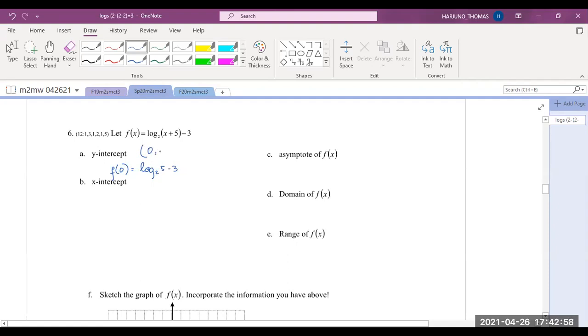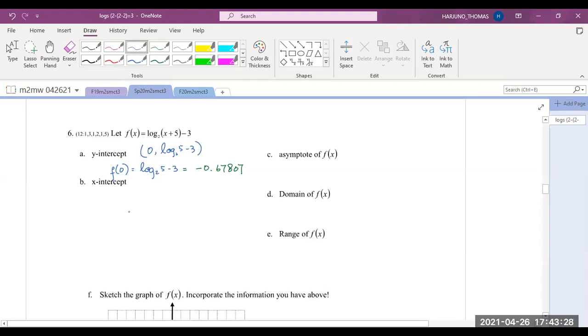Our y-intercept will be (0, log base 2 of 5 minus 3). Now, let me approximate this using the calculator. Log base 2 of 5 is log 5 divided by log 2, minus 3. That's negative 0.67807.